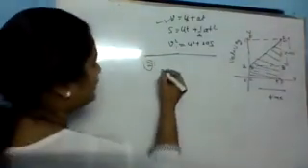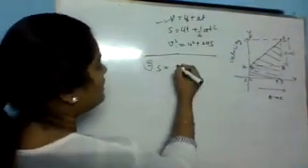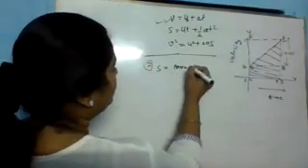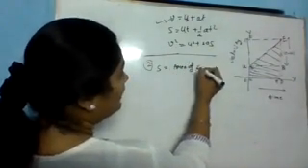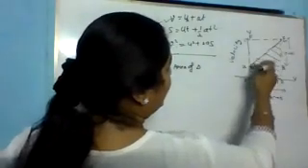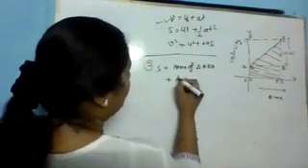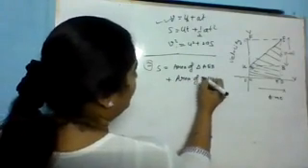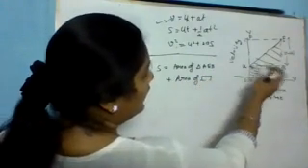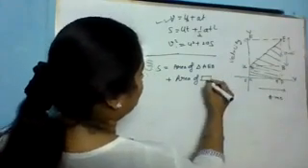So let's see. Displacement equals area of triangle AEB plus area of rectangle ABDC.